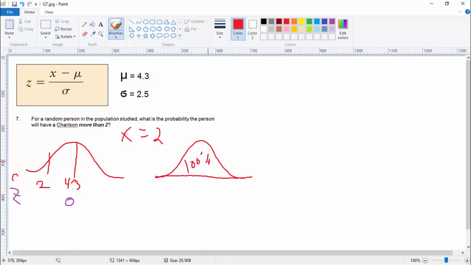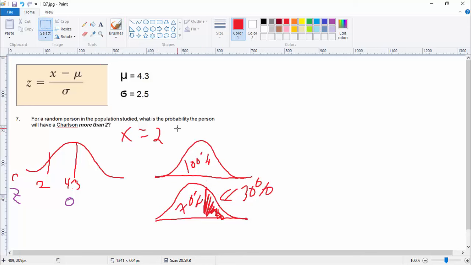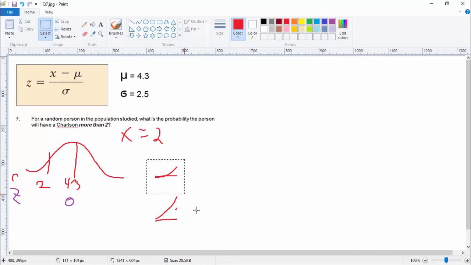So if I cut off this little part here, and I'm just going to say that's, I don't know, 30%, then you can already know that the rest is going to be 70%. That's just how these curve things work. Or any shapes actually work like that. We could be in geometry class. We could be drawing other shapes, but instead we're stuck on the normal curve.